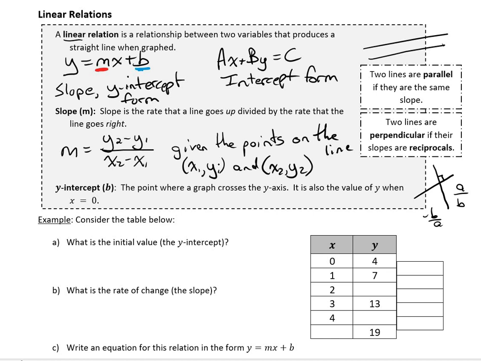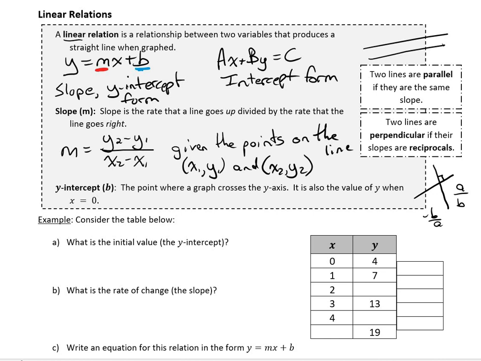So we take the y-coordinate of the second minus the y-coordinate of the first to calculate how much the line has gone up, and the x-coordinate of the second minus the x-coordinate of the first to calculate how far it's gone to the right.